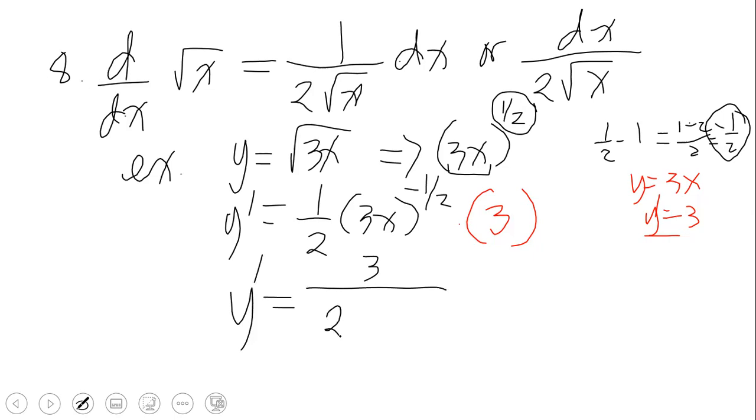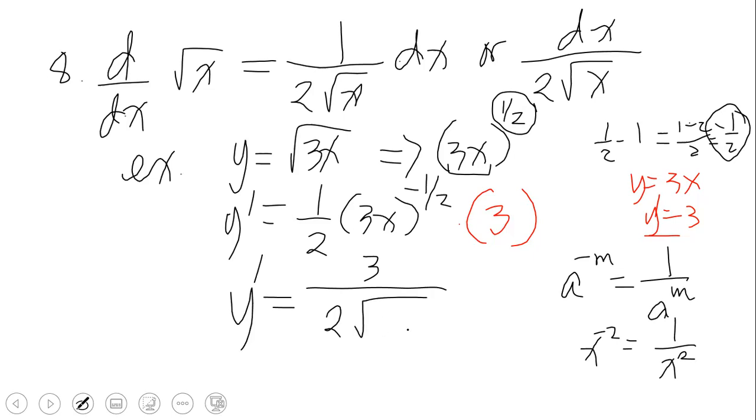Tapos, since negative yung power, recall natin yung property sa integral exponents. Kapag any number raised to negative m, so meaning we need to get the reciprocal, which is 1 over the number raised to m. Example, kapag x raised to negative 2, ibig sabihin, kailangan natin i-rewrite in terms of 1 over x squared. Okay, so we have 3 over 2 square root of 3x.